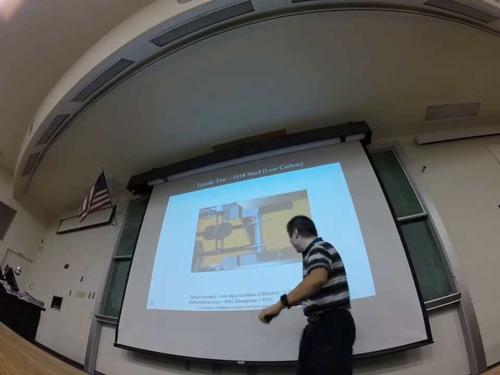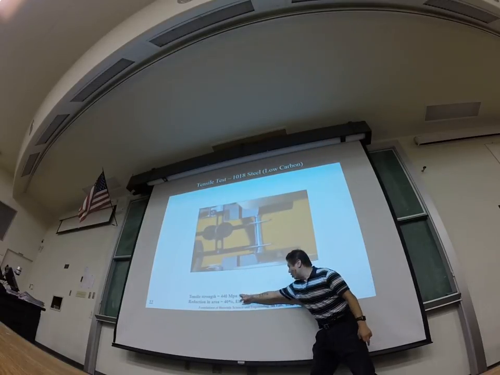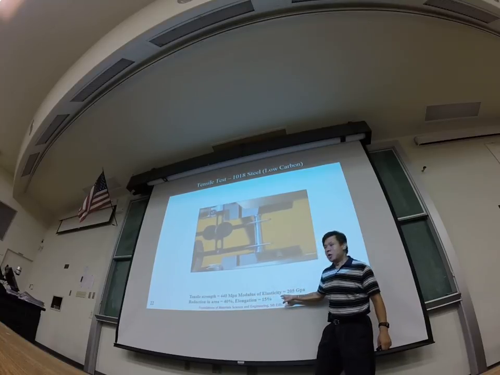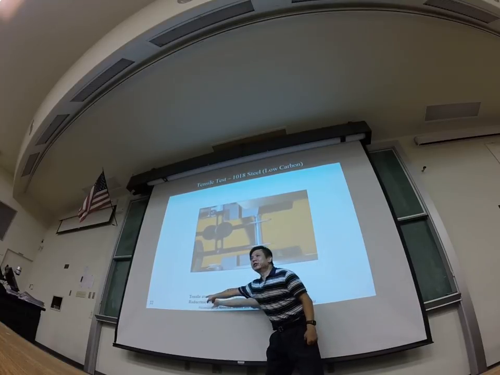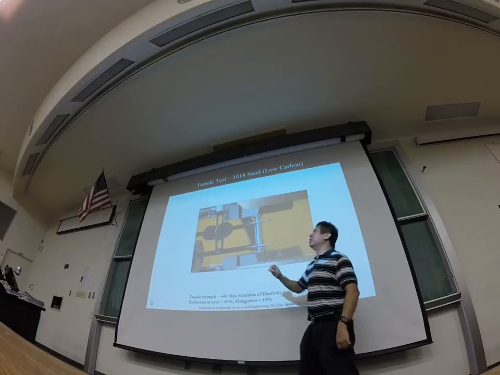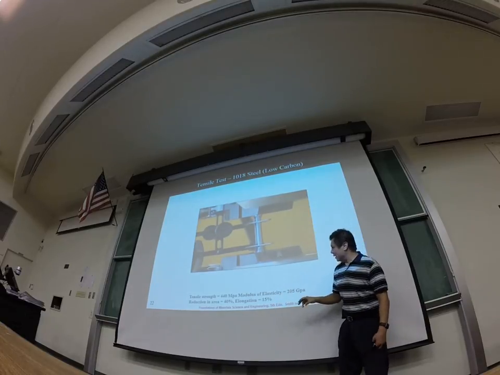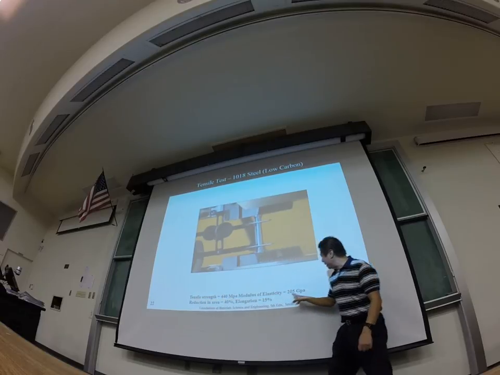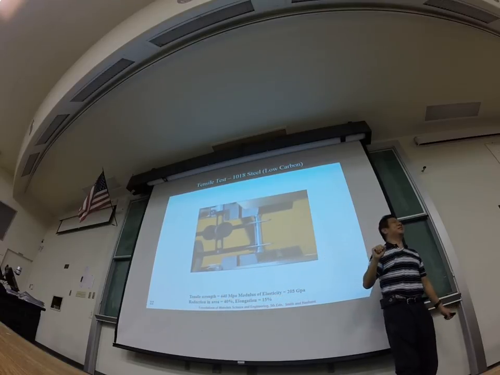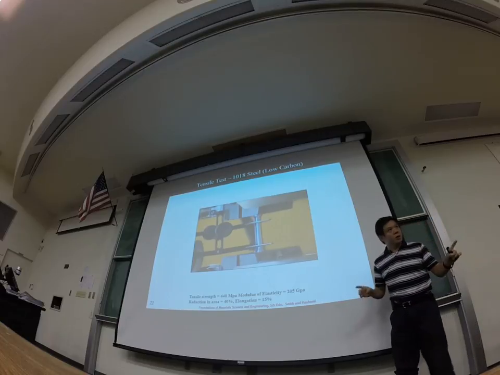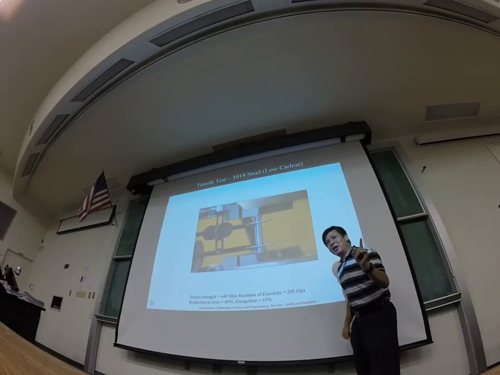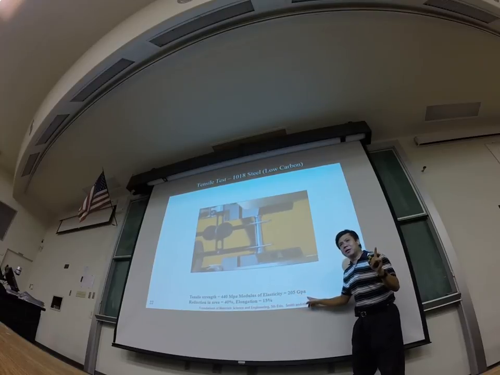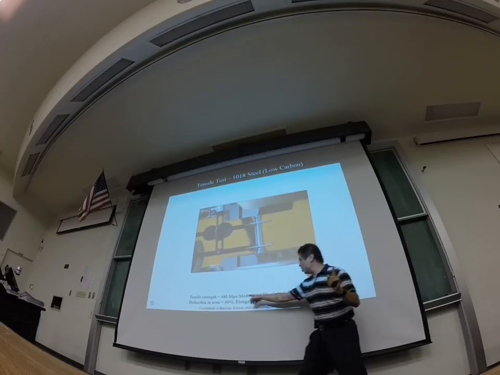Easy to do, right? You just use the modulus of elasticity divided by the tensile stress. Or, no, I'm sorry, I'm wrong. It's the reverse: use the tensile strength divided by the modulus of elasticity. Because this one is in gigapascal and this is in megapascal.